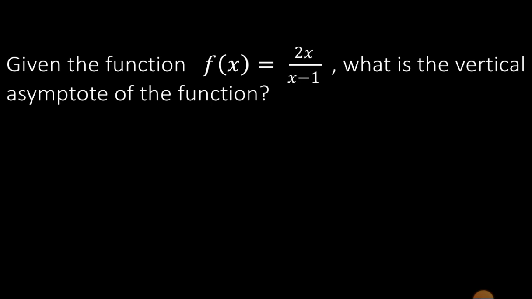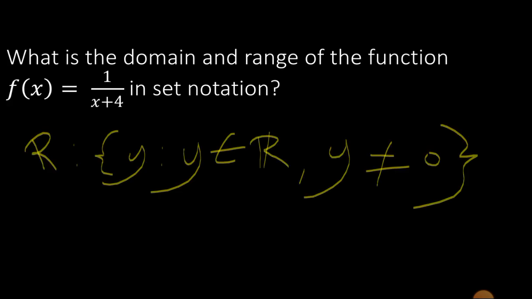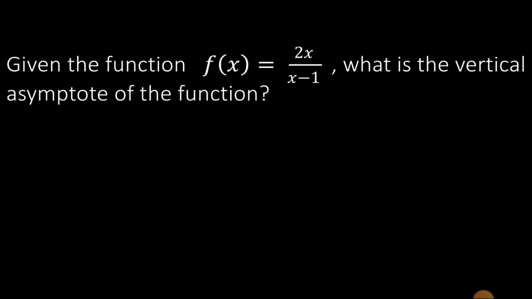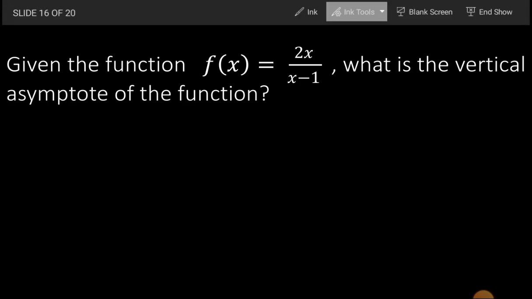Next, given the function f of x equals 2x over x minus 1, what is the vertical asymptote of this function? The vertical asymptote of this function can be obtained from the denominator.